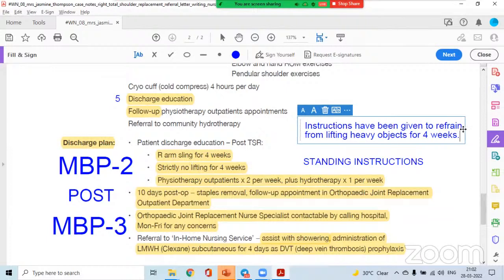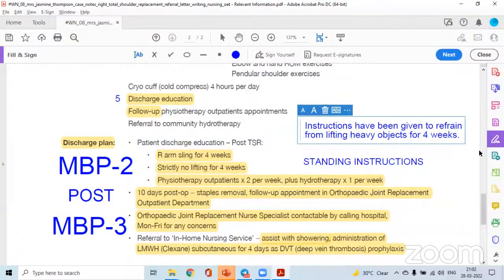So instructions have been given to refrain from lifting heavy objects for 4 weeks during the period of using the right arm sling, because the arm remains in the sling. The arm is in the sling for 4 weeks. So you have to use the sling for 4 weeks, and during this period, for the 4 week period, during which the right arm is in the sling.